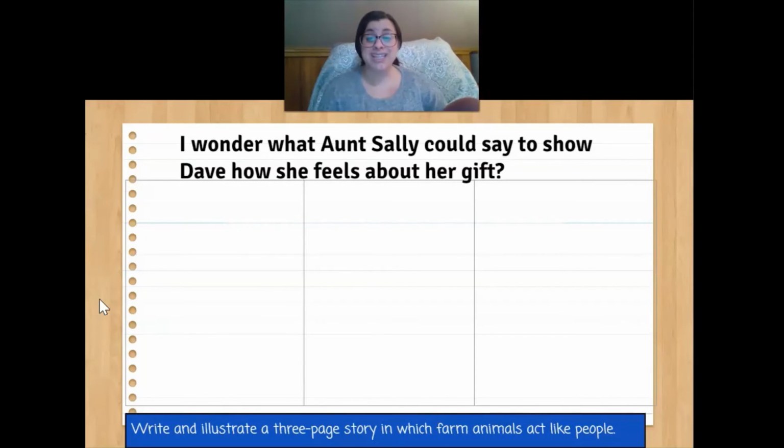Now we're sifting and sorting today. So this is where sifting and sorting is going to come in. I'm going to show you 3 sentences I came up with that might be good choices of what Aunt Sally could say to show Dave how she feels about her gift. We're going to sift and sort the best choice for the ending of my story.